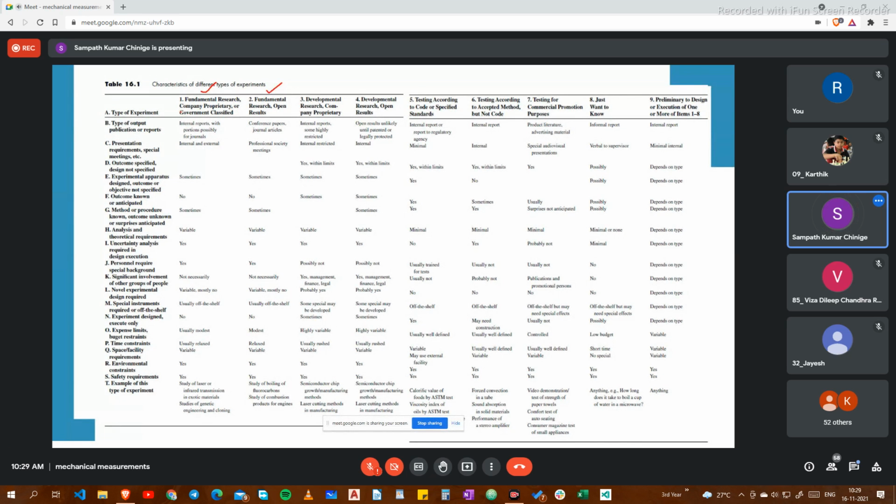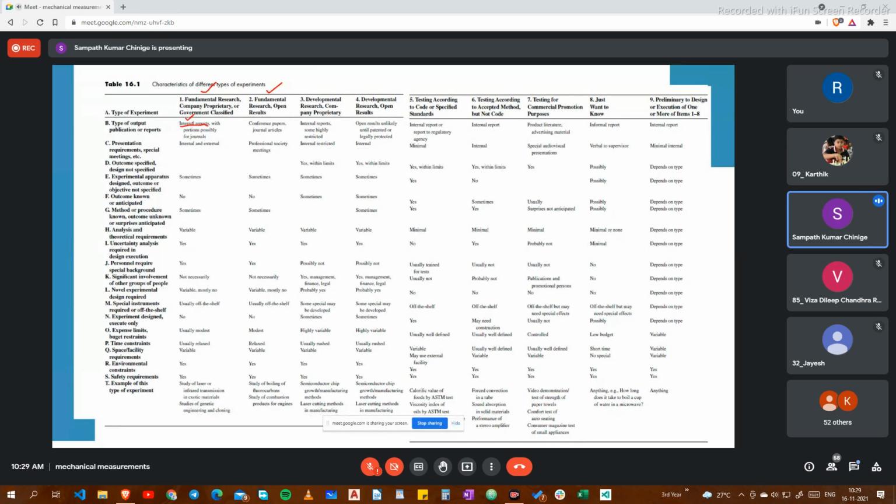Correct? It is a government classified thing, so it will not be open to everyone. But how do they share the knowledge? How do they share the output that comes out from the experiments? It is based on internal reports, inside the company or inside the government only.